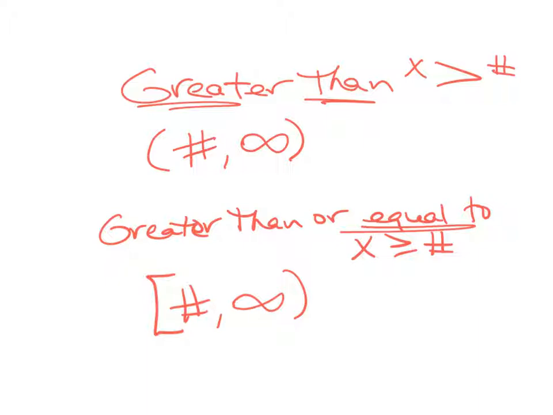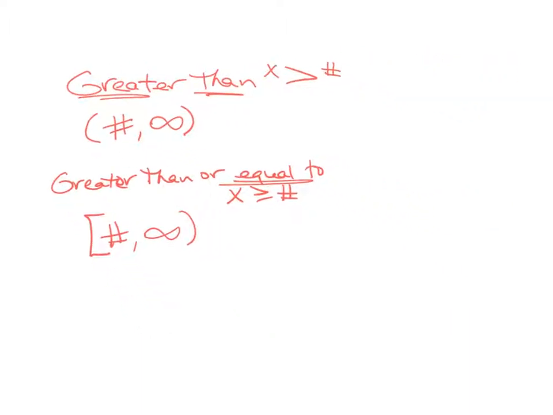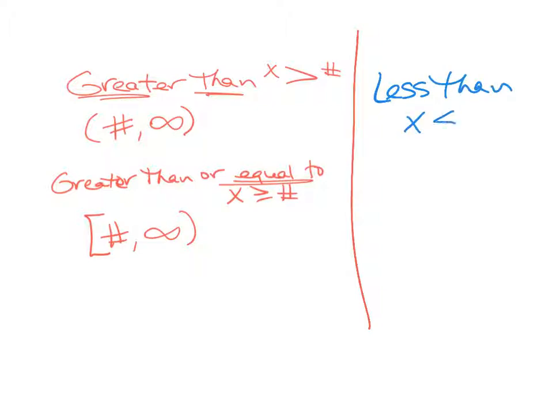Now I'll show you the same thing for the less than. So for the less than, just plain less than. So let's say it's x less than a number. Again, it's pointing to -infinity, comma the number. Infinity or -infinity always gets parentheses.